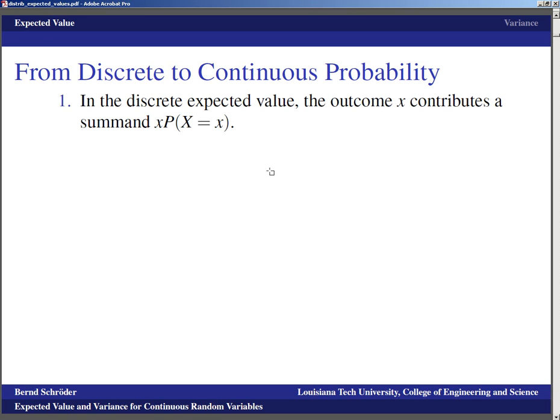And that does make sense, because if you've got a high probability to get a certain outcome, say 5, then your expected value ought to be biased towards going to 5, whereas if you've got a low probability of getting an outcome of 1, let's say, then you shouldn't have that much of a tendency to get an average towards 1. In the continuous setting, however, that is problematic, because the probability of every individual outcome for a continuous random variable is 0.